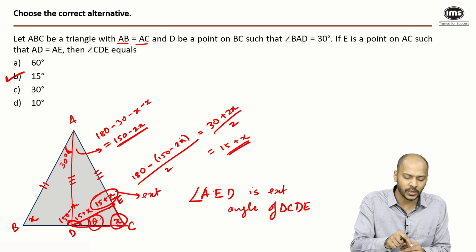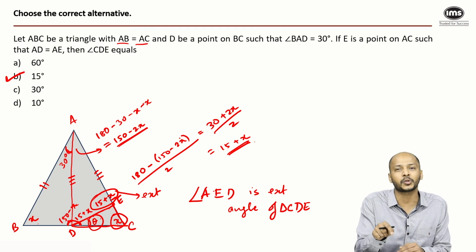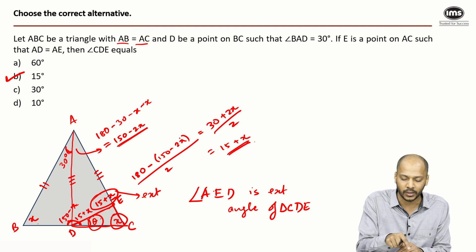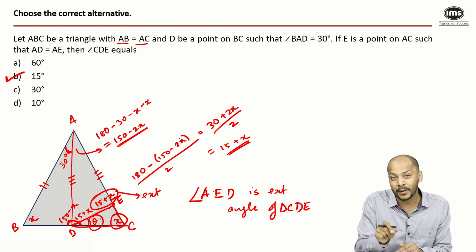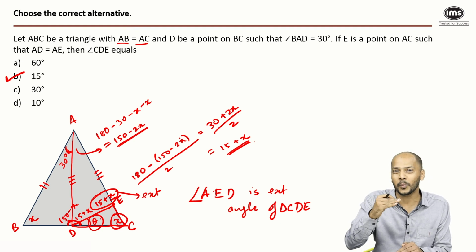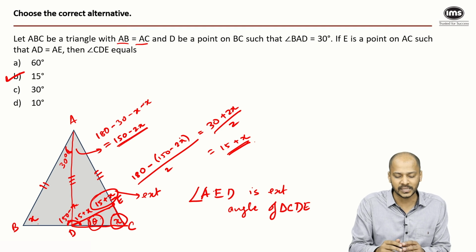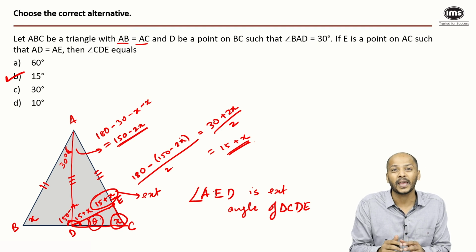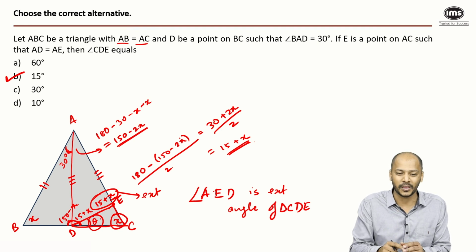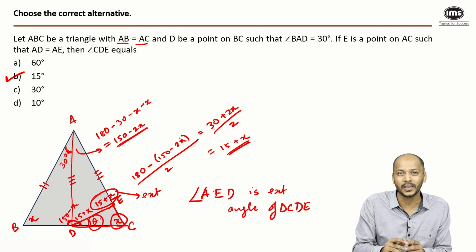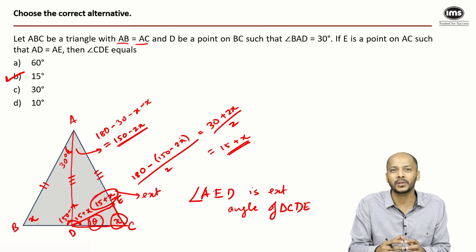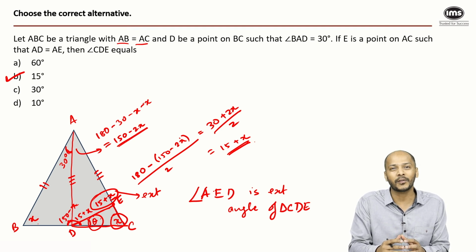If you're not very comfortable with this kind of approach, where you draw diagrams and work around in a rough way, not in a fair manner like you write steps in your board exams, then this question could take longer, more than 2 or 3 minutes if you write a lot of steps. If you are able to work around the diagram this way, which is the way you should deal with most geometry questions, then you should have attempted this question in the first round. Otherwise, it was a question good enough for the second round, or maybe for not attempting in the paper.